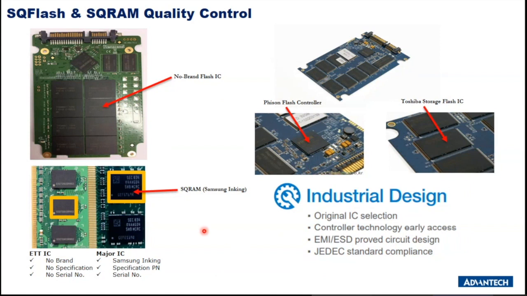You can see the Samsung inking here on our SQRAM together with the specification, part number and serial number. Whereas for the SSD, you can see the Phison flash controller inking here and Toshiba inking on our flash IC.